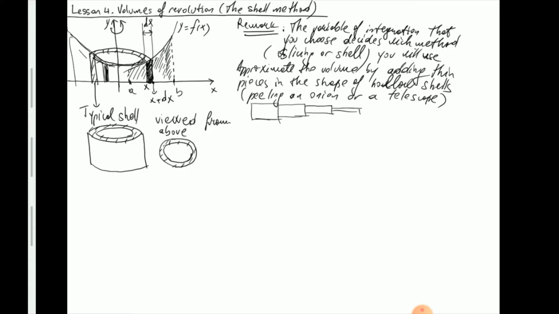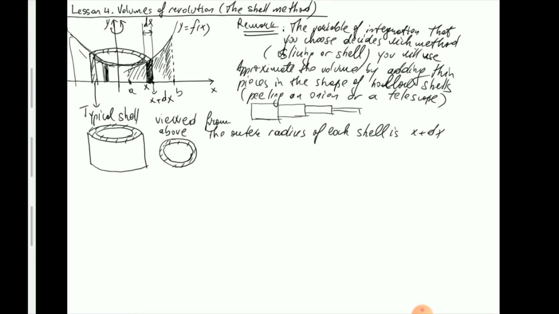So what's important in terms of how we actually approximate the volume of this outer shell is the radius, right? The outer radius and the inner radius. Because the thickness is dx, the outer radius of each shell is going to be x plus dx.